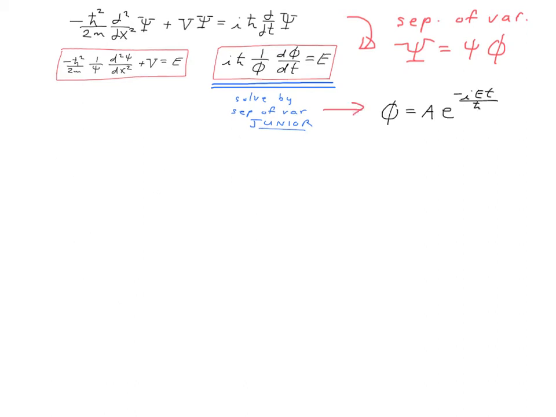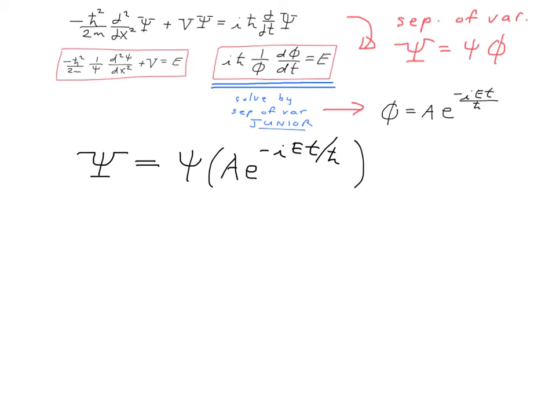So now let's put all this together. Our overall wave function, capital psi, is composed of a space part and a time part. We have a solution for the time part right here, so let's put this together. So we can write it like this. Now we're going to make one more simplification step. Our overall wave function needs to be normalized.